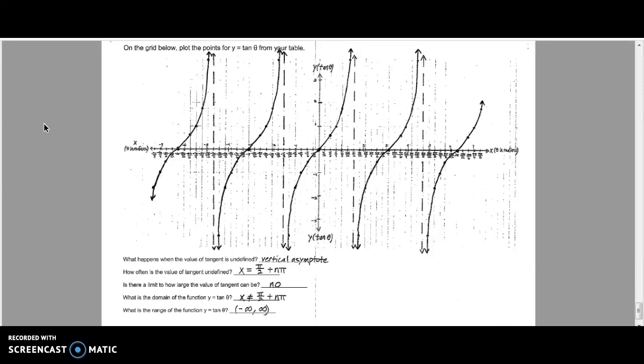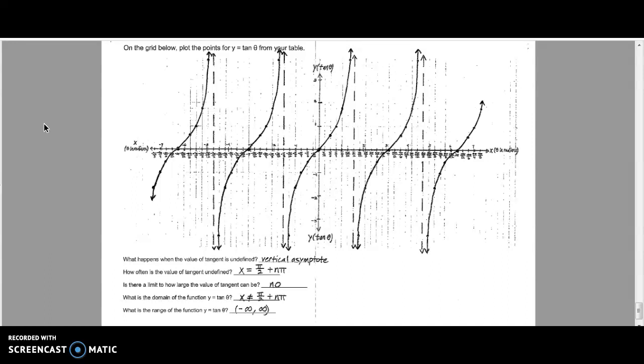And it doesn't have the wave shape that sine and cosine have. Instead, it's got almost this cubic-like looking shape, but it's not just one. It has multiple parts to it because we have an infinite number of vertical asymptotes, anywhere that tangent is undefined. If you recall, by definition, tangent of theta is equal to sine of theta over cosine of theta.